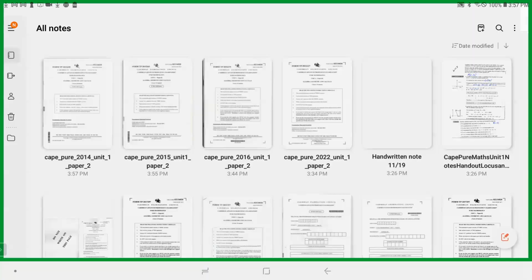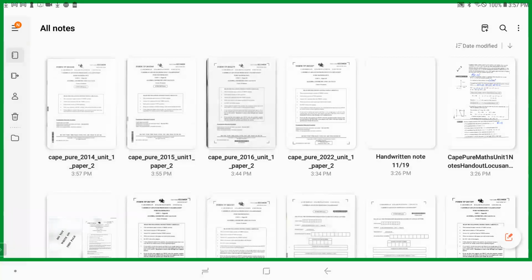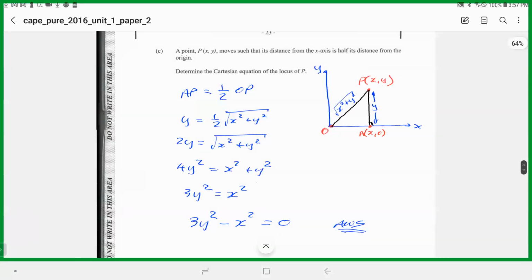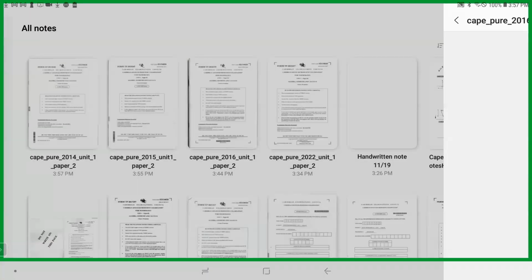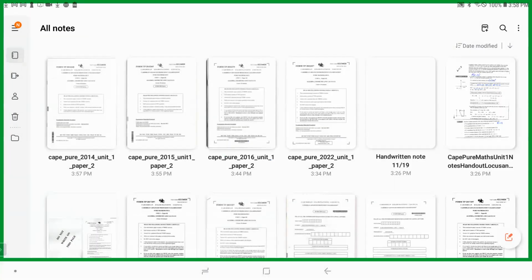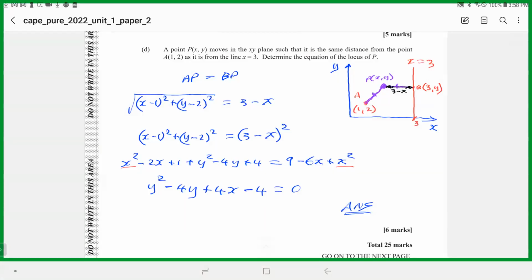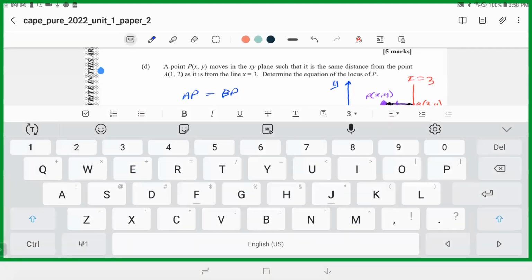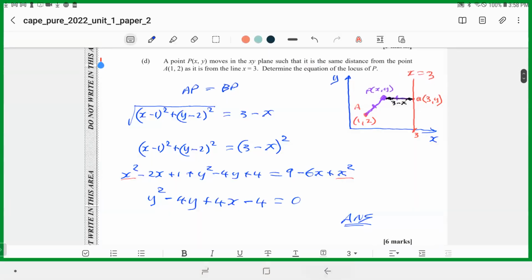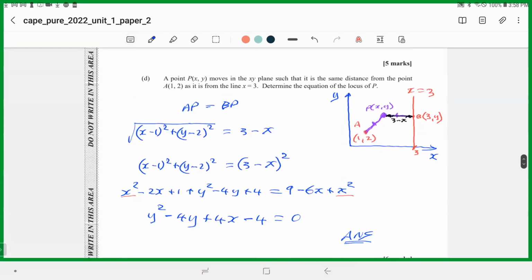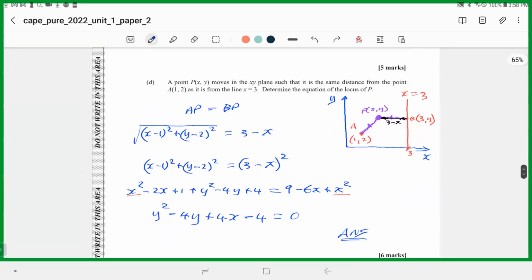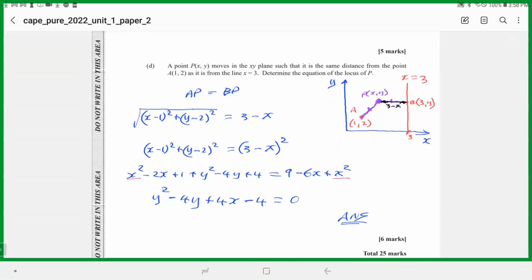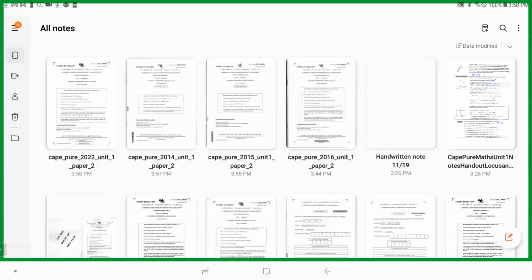One in 2016, that one, and then 2022, from this vertical line. Right here. This is the only time they set one with distance from a vertical line. So I gave you all of them that they have ever set since they started the syllabus. There was none last year, I checked. There was none on last year's paper.